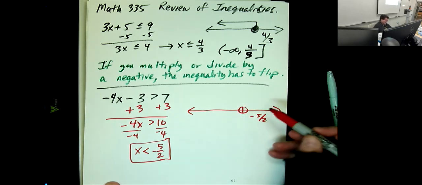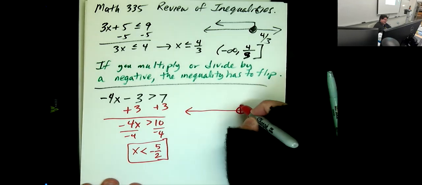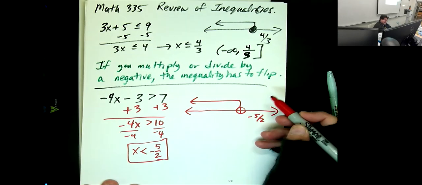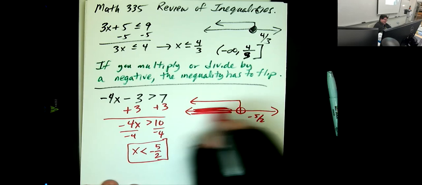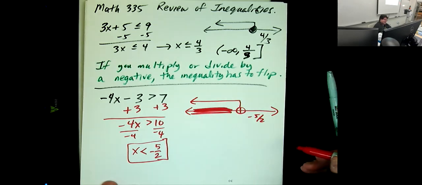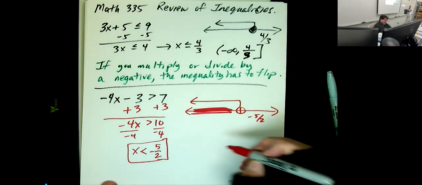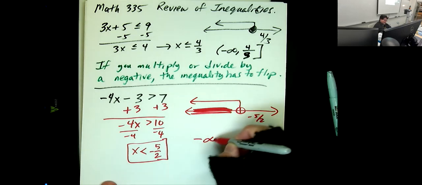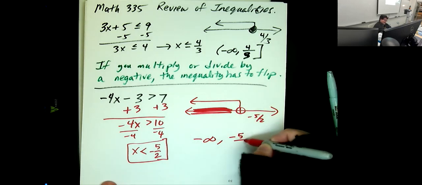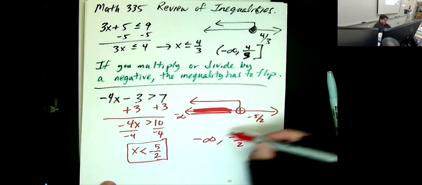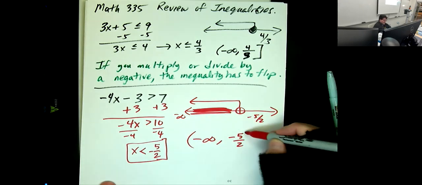We use a hollow point when it's just less than, and doesn't have an equal sign. We are going to the left again. So you can either do the shading like that or the arrow to the left. And in interval notation, we have the two values that it touches, and then infinities are always parentheses.